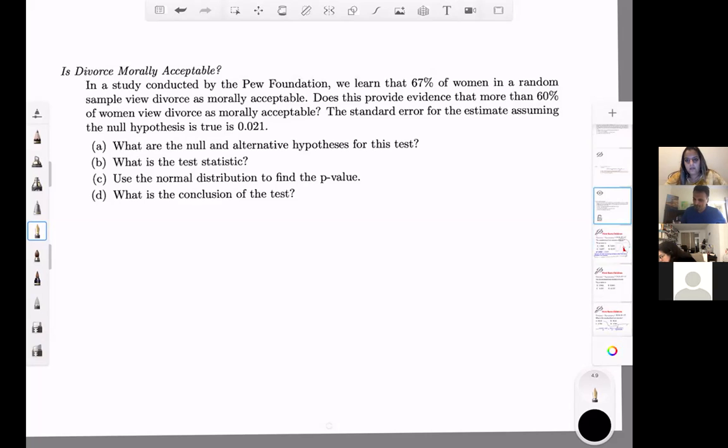Does this provide evidence that more than 60% of women view divorce as morally accepted? So this is going to be our alternative hypothesis. What are the null and alternative hypotheses? So we have H null and we have HA, correct?